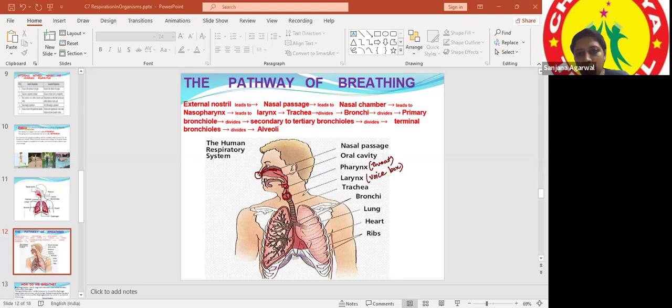Okay, after the larynx it enters the trachea, which you can see has ring-type structures attached back to back, and this trachea is also known as the windpipe, through which air goes from the nose to the lungs. Okay, this is the main pathway.